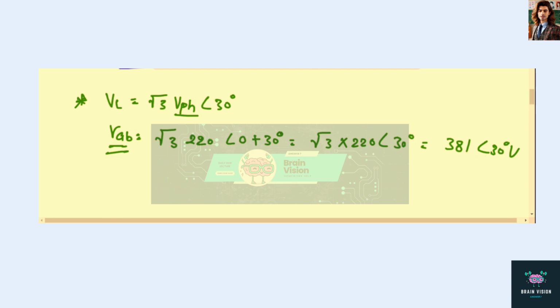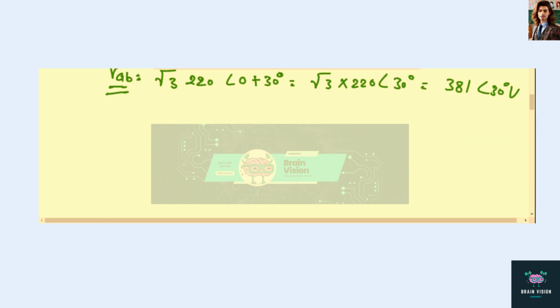Similarly, if I find VBC, this is the balanced phase, right? The second important point is that in the balanced condition, the line voltages are the same in magnitude, right? VAB is equal to VBC is equal to VCA, but the phase difference will be 120 degrees, right?